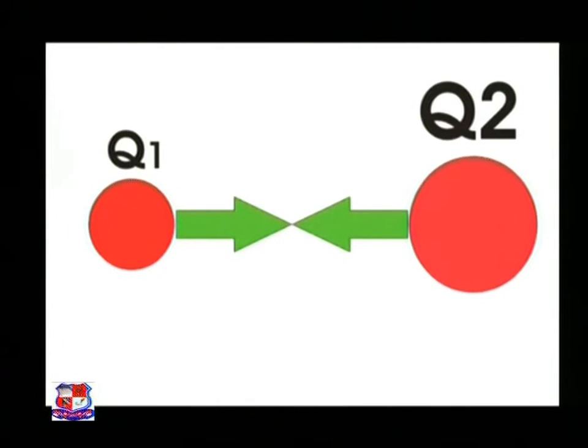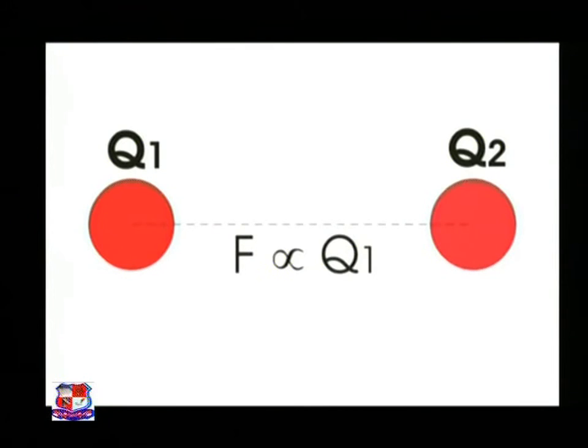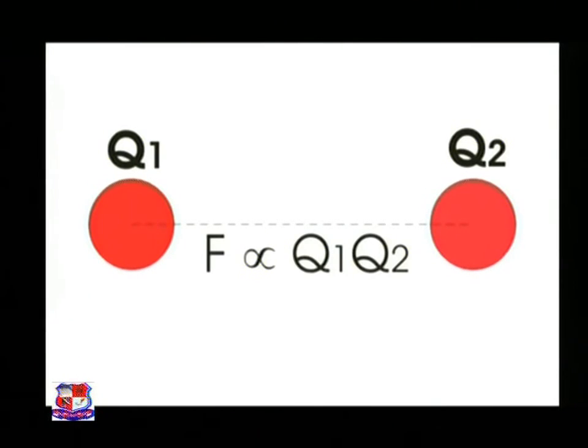If you decrease Q2 keeping Q1 unchanged, the force is decreased. According to Coulomb's law, force F is directly proportional to either Q1 or Q2, or in other words, F is proportional to the product of Q1 and Q2.